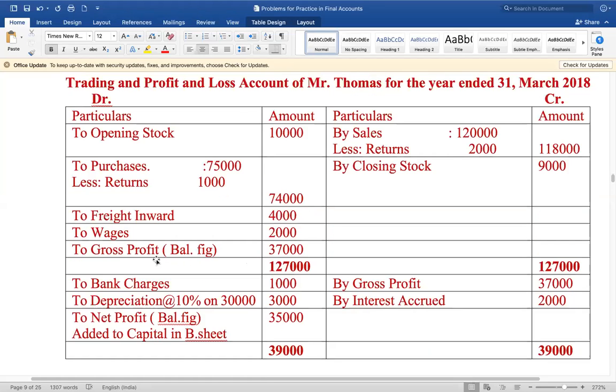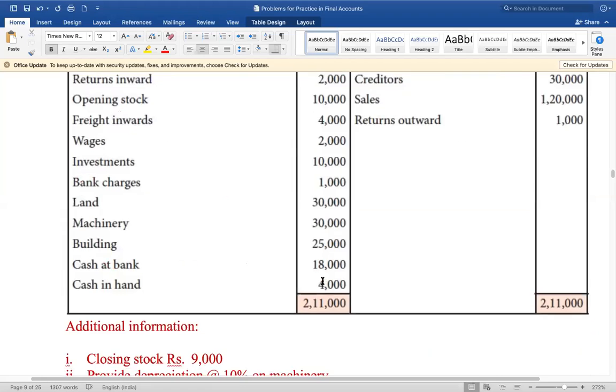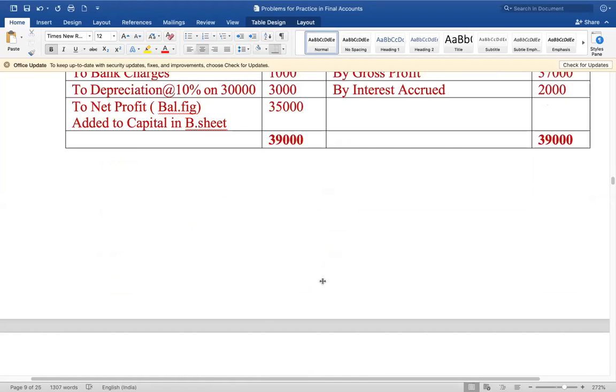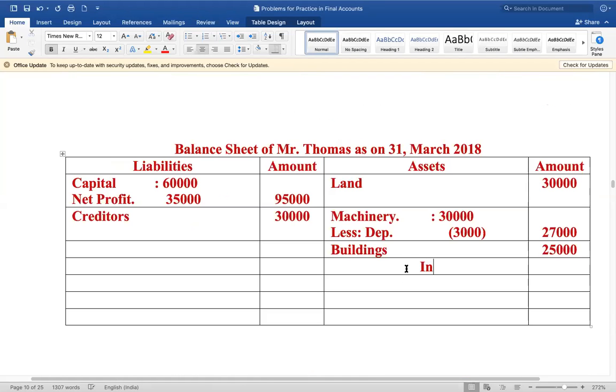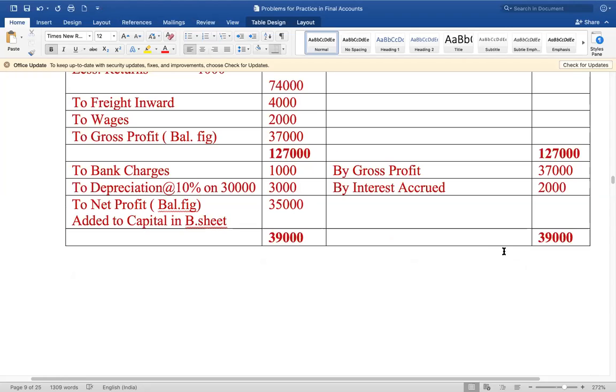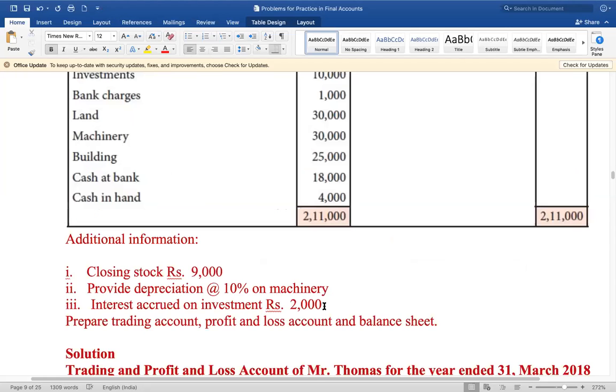Next, investment. How much investment? Actually, there is an adjustment for investment, I think. What is the adjustment for investment? Interest accrued on investment 2,000.